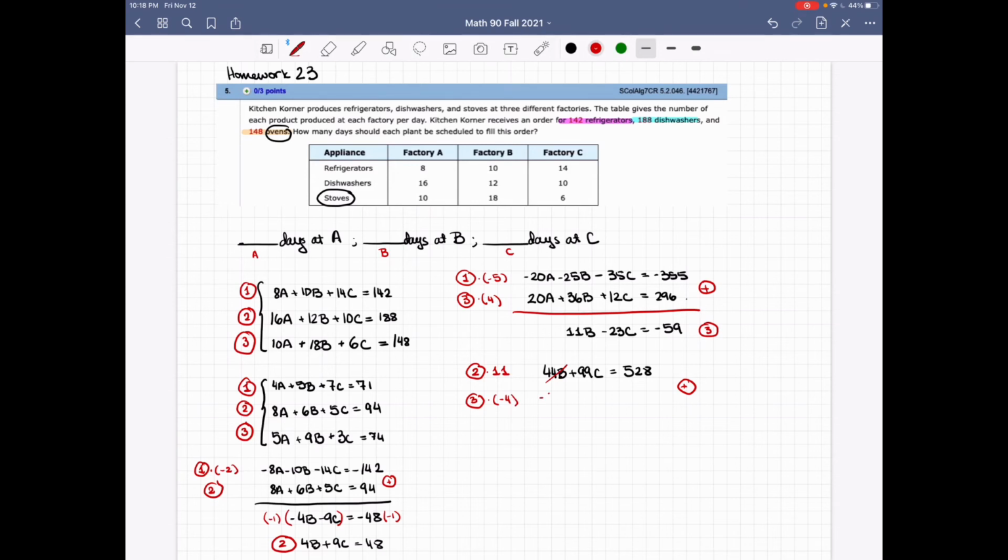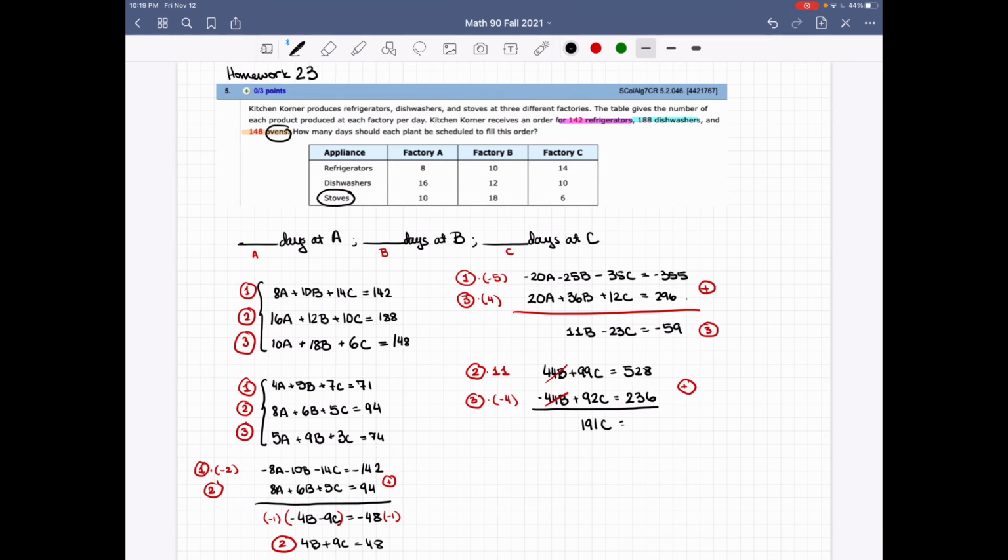So we have negative 44b plus 92c is equal to positive 236. When we add them together, the 44b's cancel by design, and we're left with 191c.